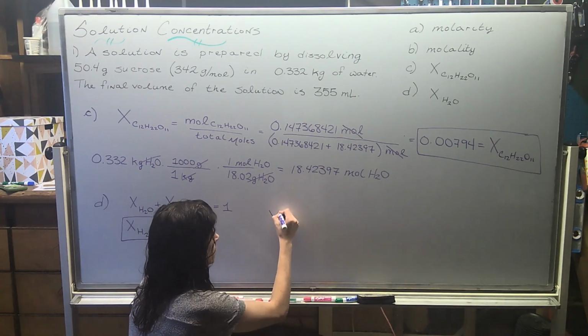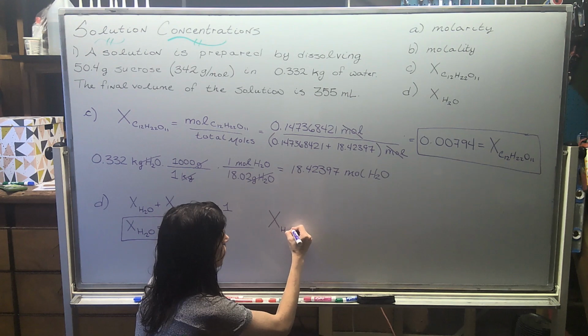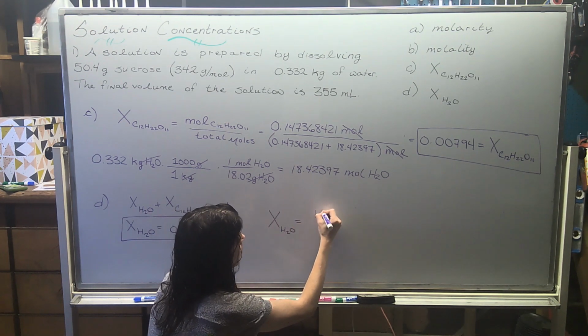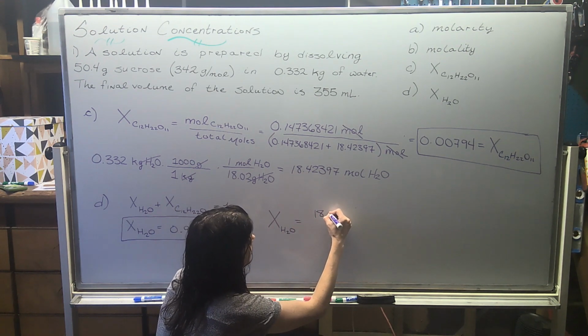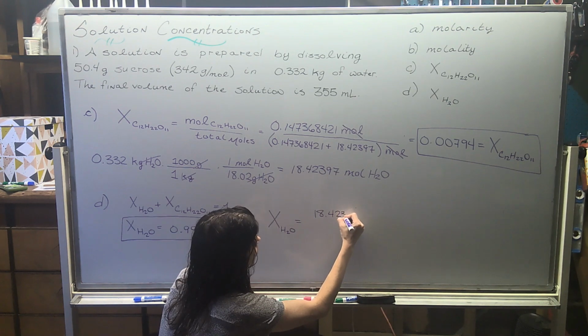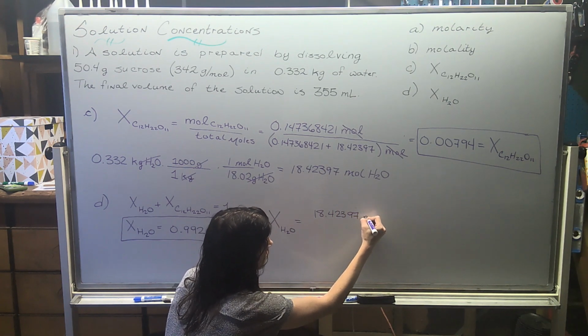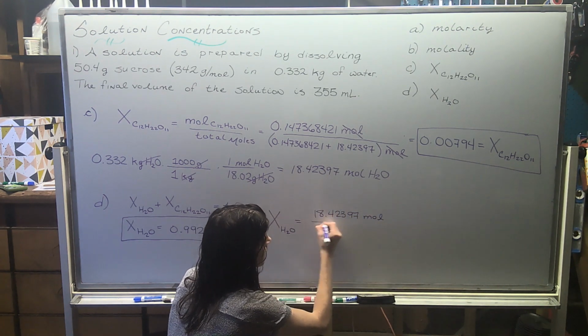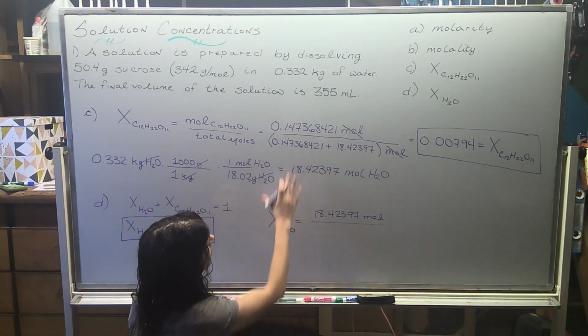So I would do the mole fraction of water equals, and then moles of water have to go on top. 18.42397 moles on top. And then we're dividing by total moles.